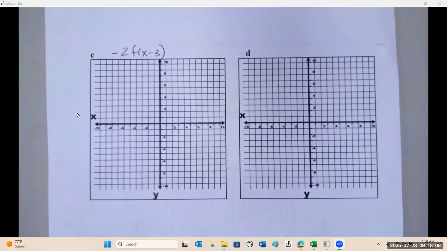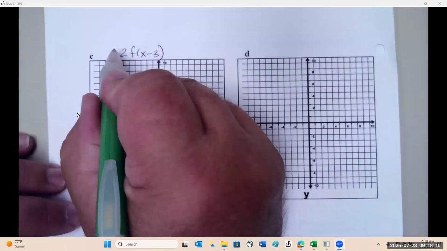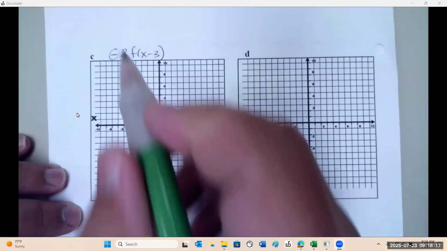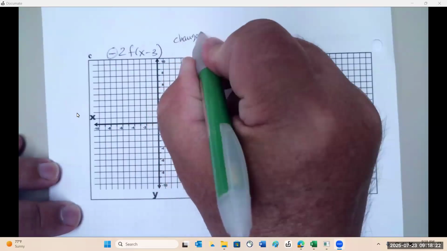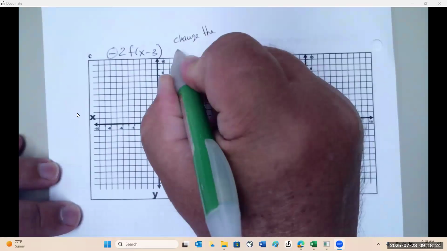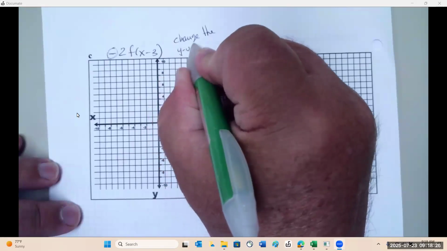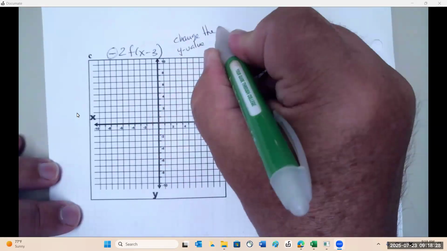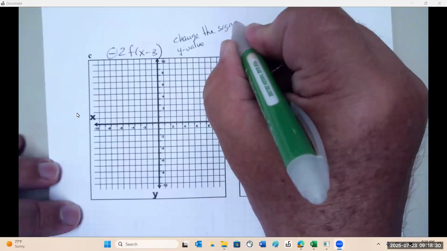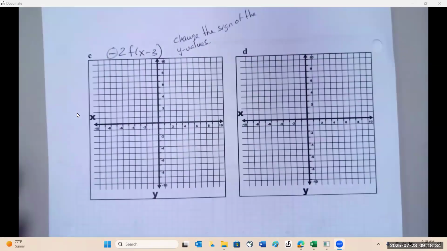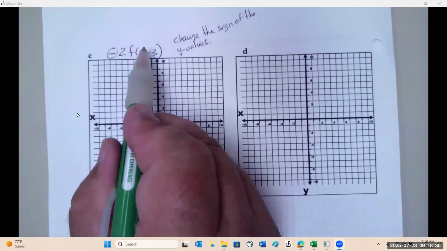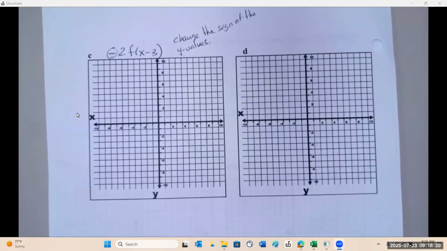So what does that negative make me do? Change the y values, change the sign of the y values. Because since it's negative, whatever is my y value, I change the sign.